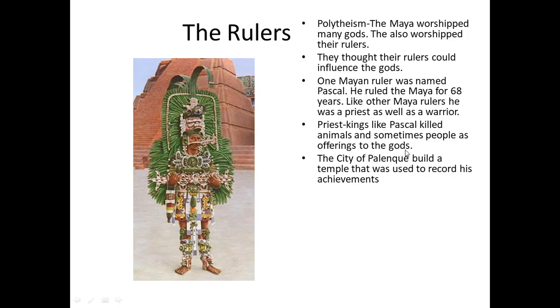In the city of Palenque, they built a temple that was used to record his achievements. So, they have their form of writing and that was carved doon sa mga walls at makikita mo yung mga nagawa ni Pakal or Pascal.